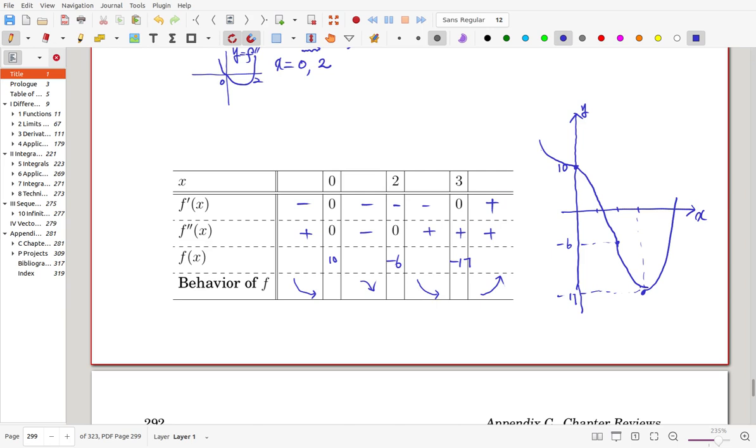So we can make such a sketch, and we can easily see this is an inflection point, again this is an inflection point, and that is again an inflection point. This is a local minimum, but it looks like this is the global minimum.